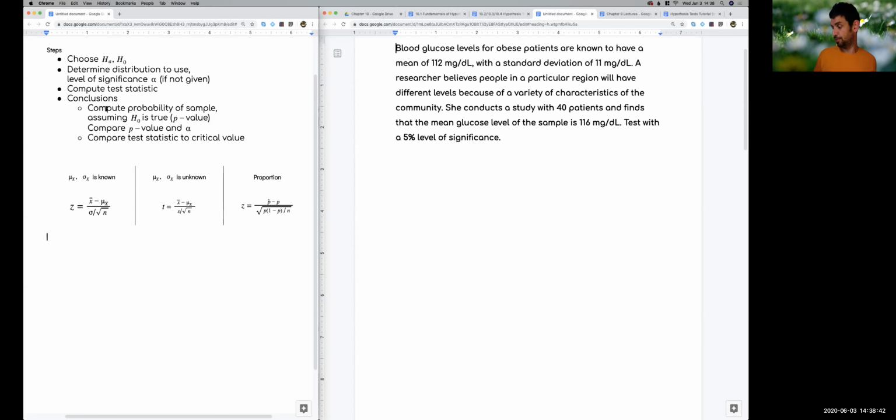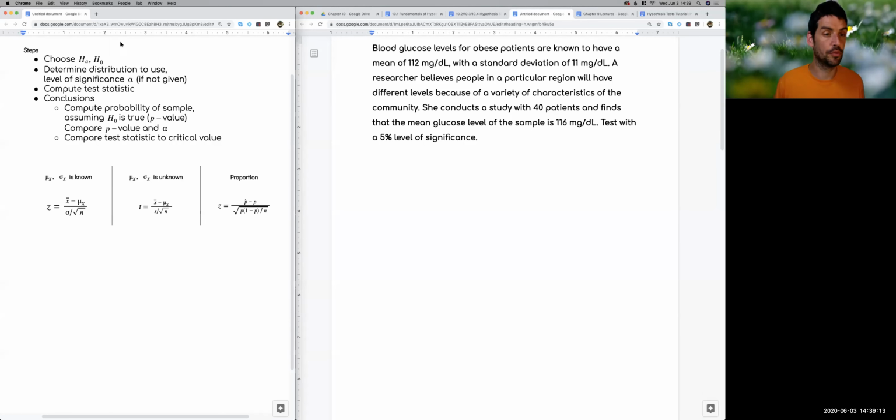We either compute the test statistic and compute the probability of that test statistic happening given the null hypothesis is true, or we just compare the test statistic to the critical values that are also related to alpha, the level of significance. So I know there's a lot of moving parts, but I'm hoping that we'll quickly see that we repeat a lot of the same kinds of steps over and over again, and so we probably will begin to get pretty familiar with them quickly.